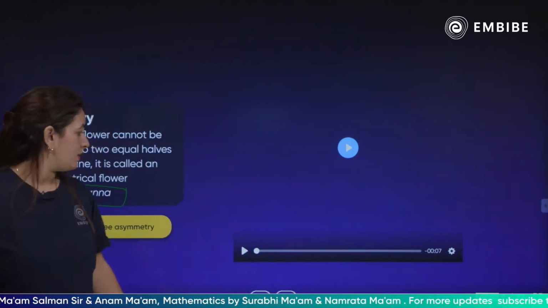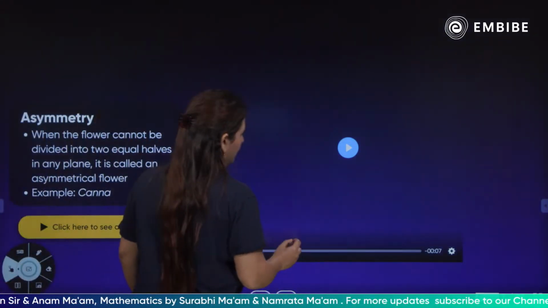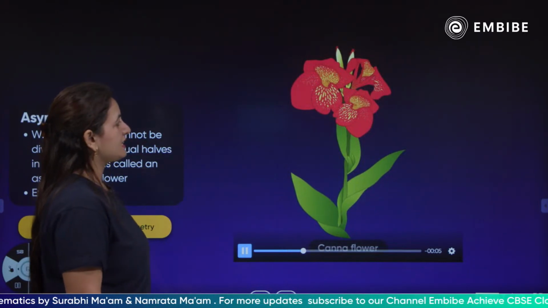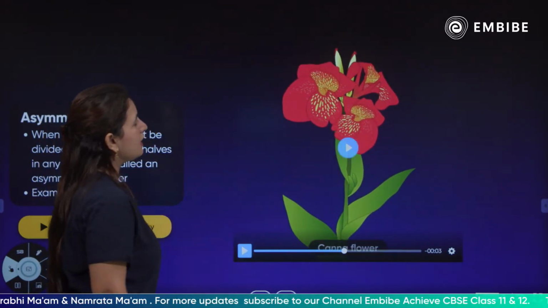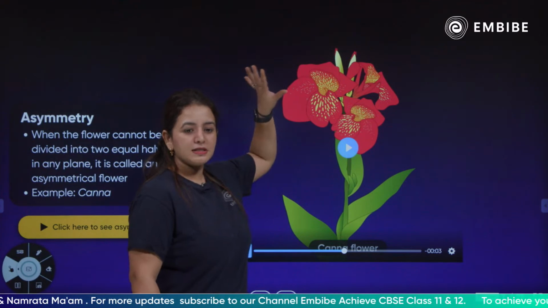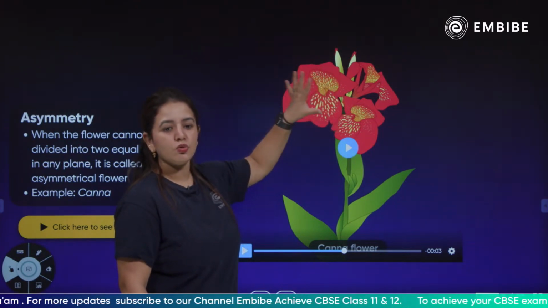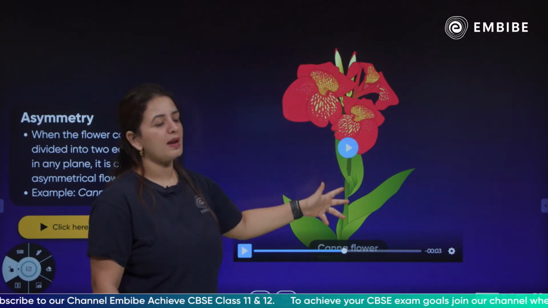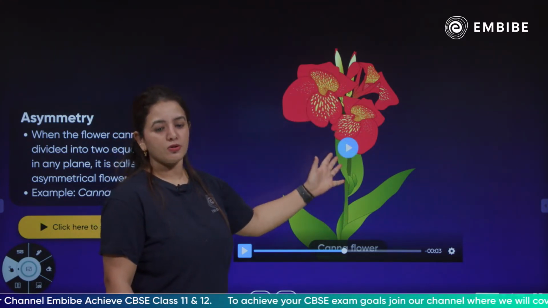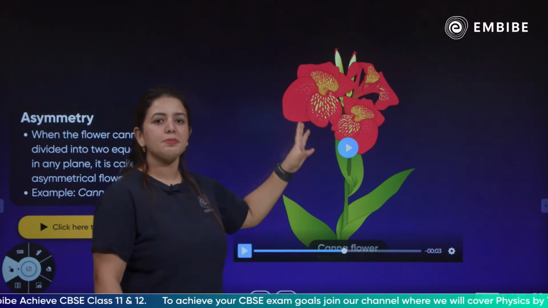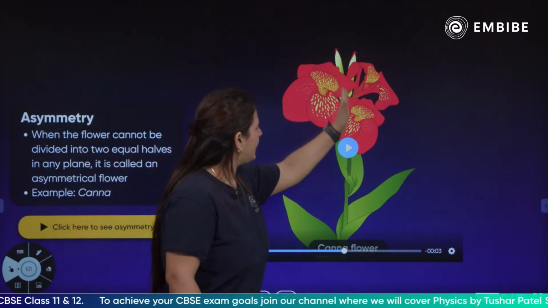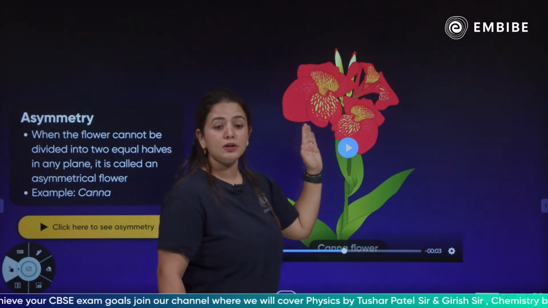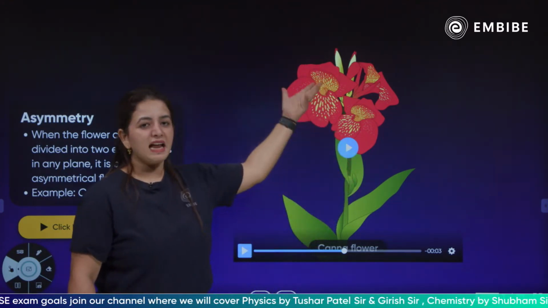Talking about asymmetry, if this is the canna flower, can you see, children? From the picture itself you can assume it cannot be cut into two equal halves from any plane. Not from this plane, not from that plane, there is no proper plane to cut it into two equal halves.